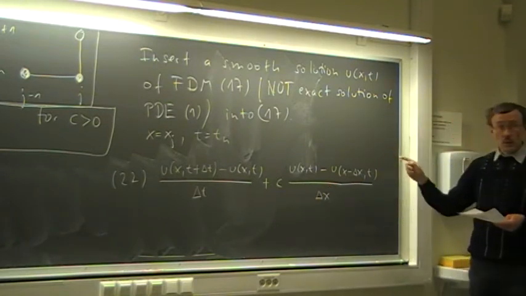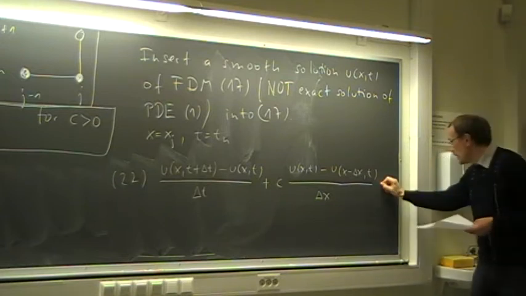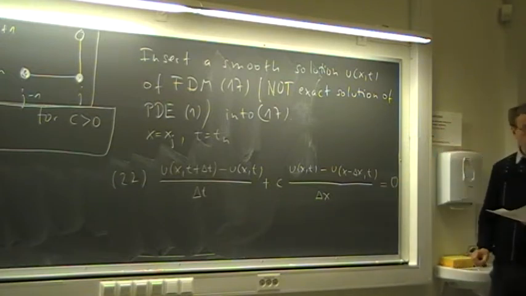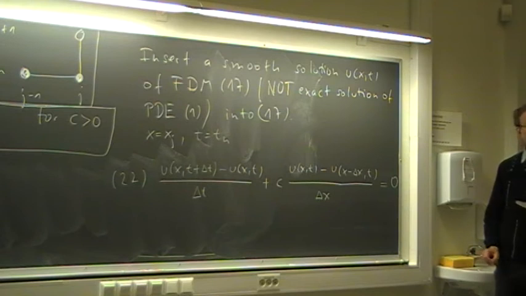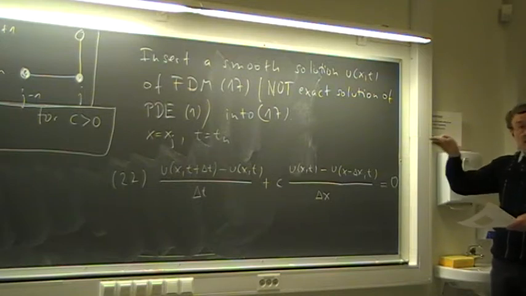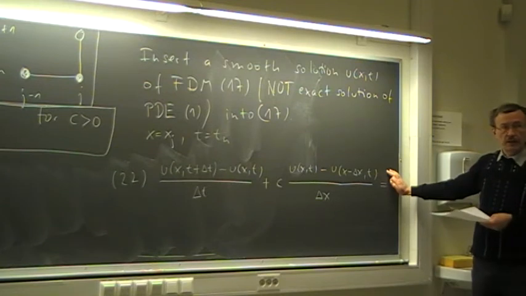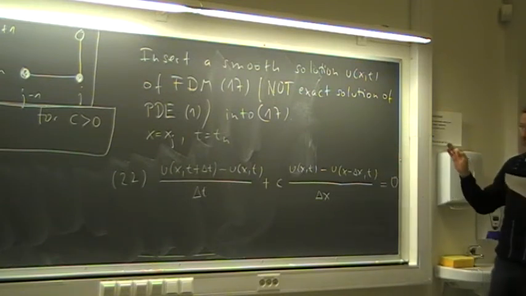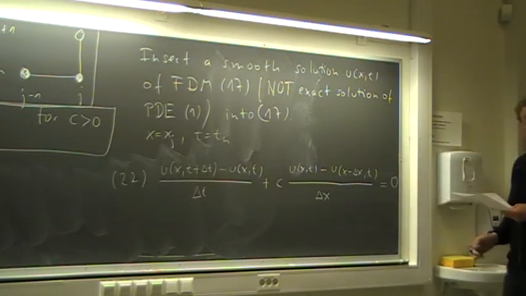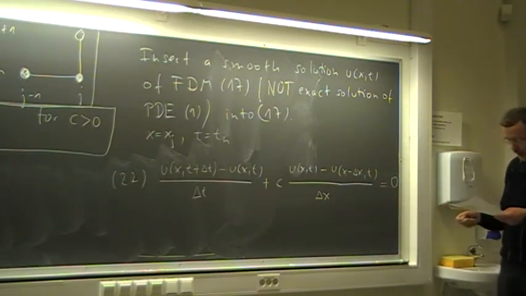And now, since we are taking the exact solution of the finite difference method, this is 0. That is the difference between the modified equation approach and the truncation error analysis. In the truncation error, we insert the exact solution, and then we find out by Taylor expansion what we get. But here, we assume that we have a solution of the finite difference method. So therefore, we have a 0 here.